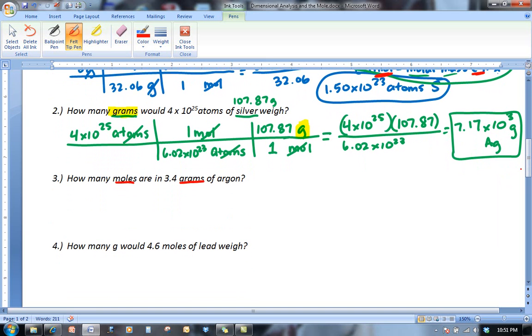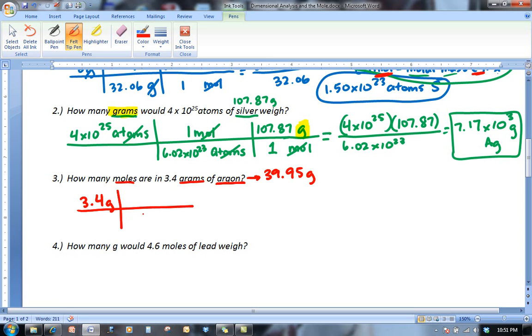Okay, so since we have grams in our problem, we're going to need to know the molar mass of argon. When you look on the periodic table, the molar mass of argon is 39.95 grams. So in order to solve this problem, you're going to start with what you're given, 3.4 grams of argon.